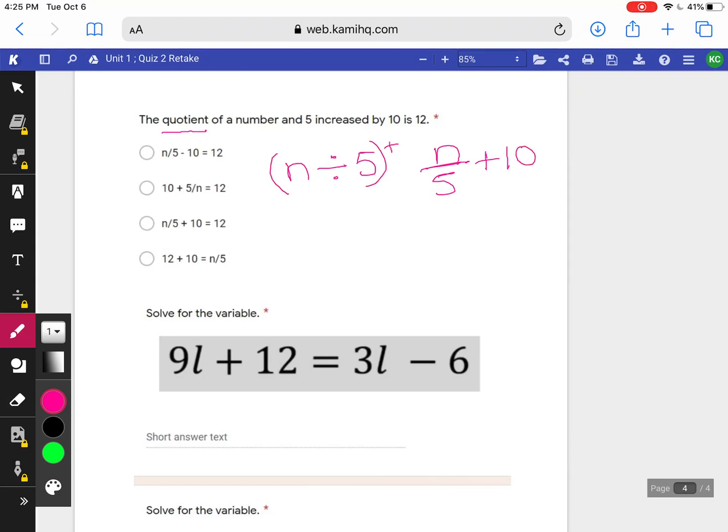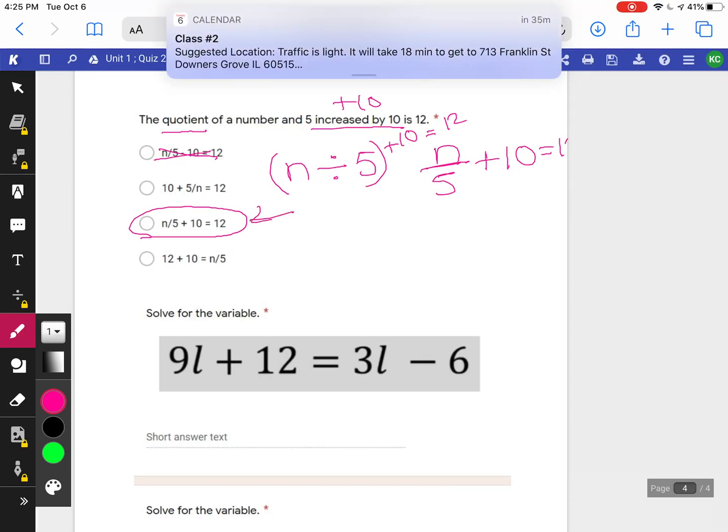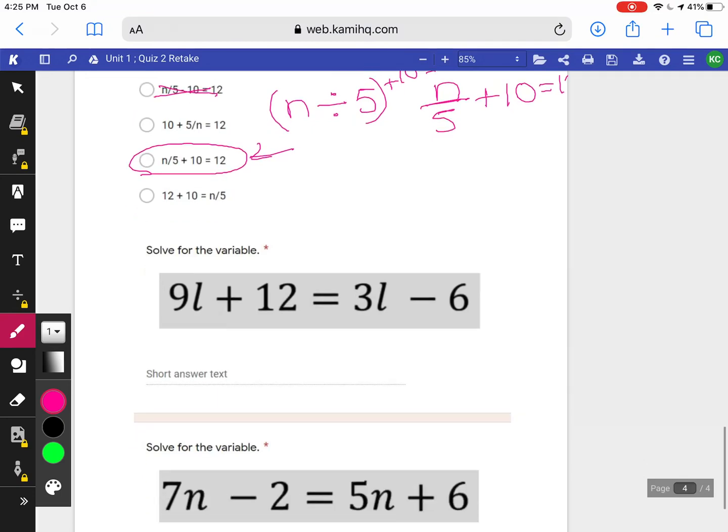So this increased by 10 is 12. Here we have subtracting. We're looking at increasing by 10, so we have a plus 10. A number divided by 5 increased by 10 is 12. So we're looking at this problem right here.